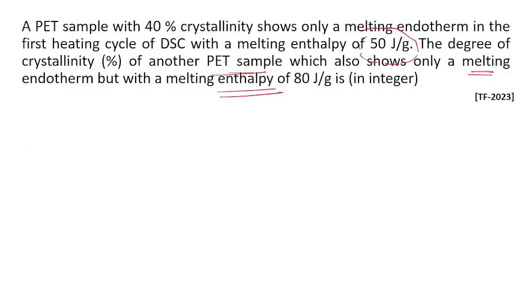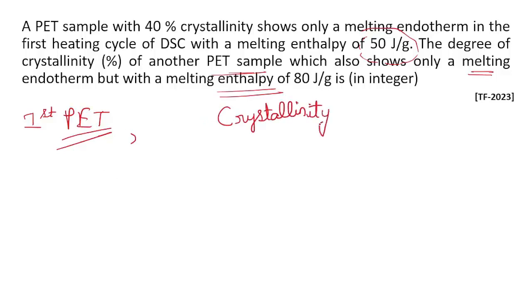So there are two PET samples. If we talk about the first PET sample, then the crystallinity that is given is 40% and the enthalpy is given as 50 joule per gram.